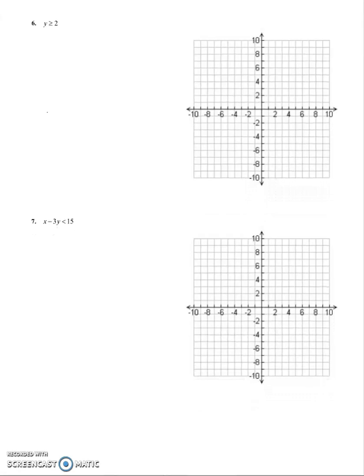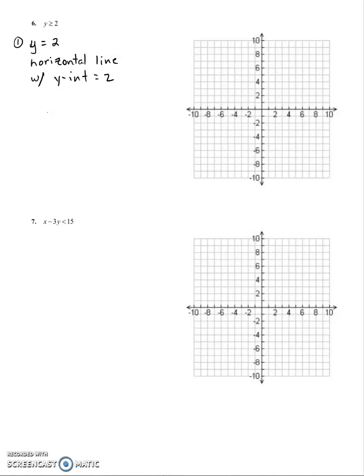All right, so on number 6, we have y is greater than or equal to 2. So first of all, we need to graph y equals 2, and hopefully everybody remembers that that is a horizontal line with y-intercept of 2.